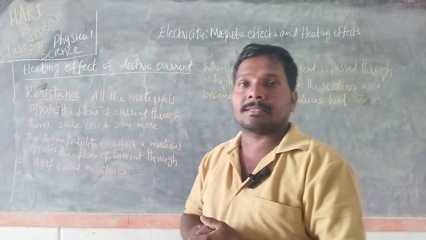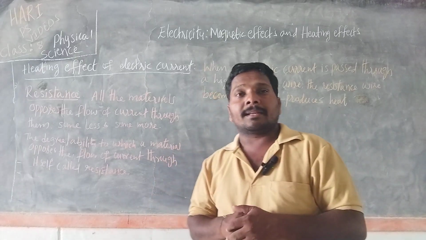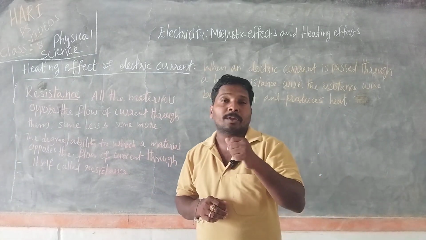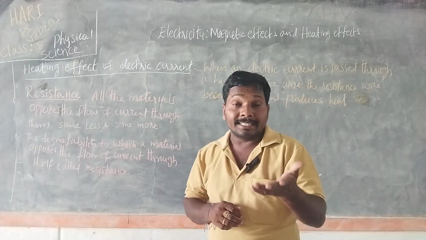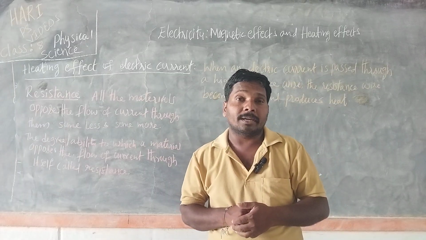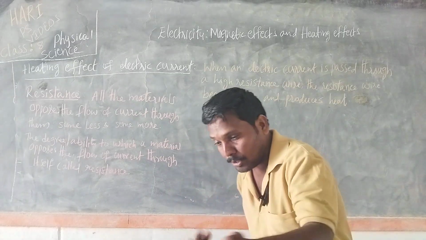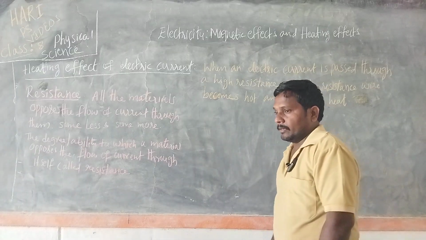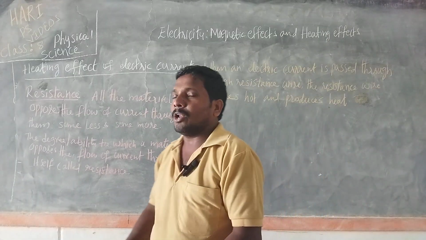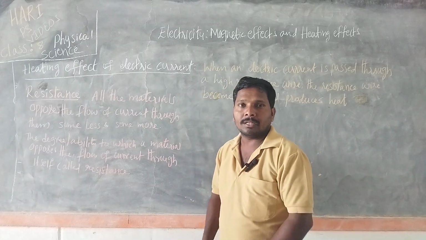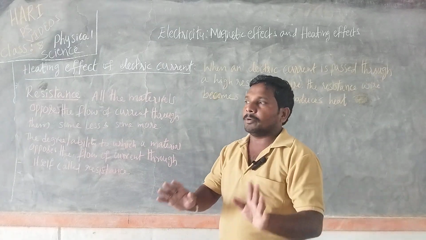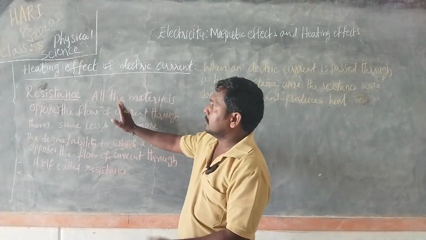Those that do not allow the electric current we call insulators or poor conductors. Right? That ability of allowing current, less or more, we can simply call resistance.